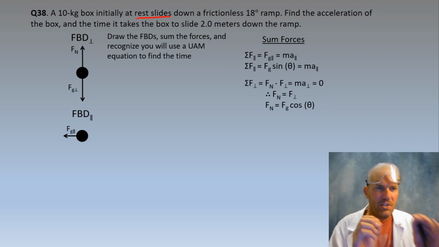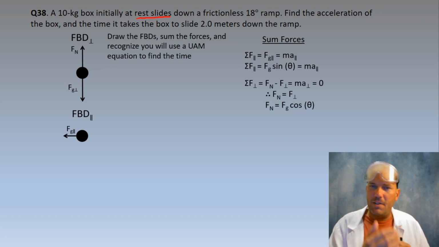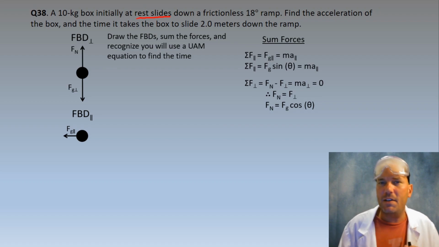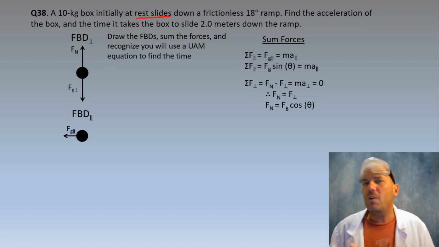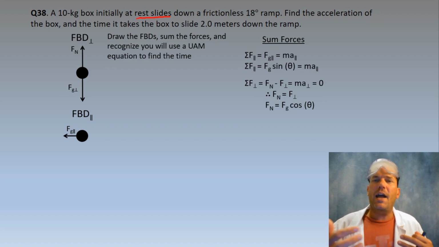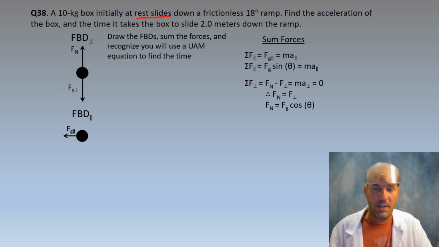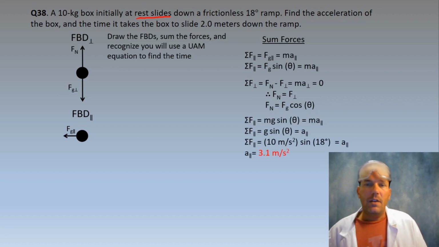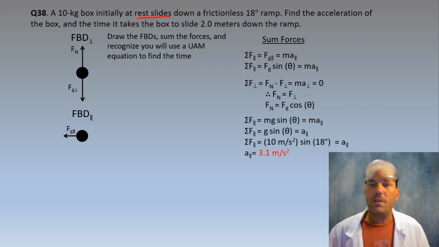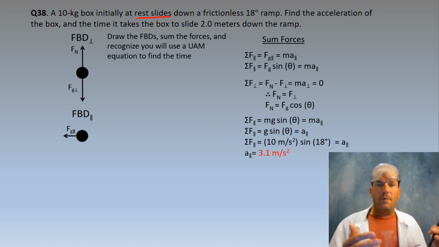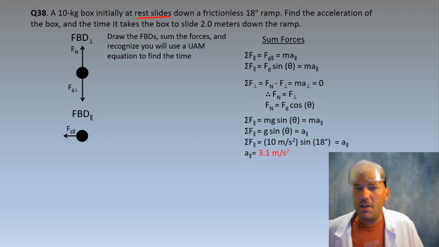If you are just viewing this problem and none of the earlier ones, you might want to rewind and look at that if you don't understand where the sine and cosine theta came from for this object on an incline. Let's continue with the force of gravity in the parallel direction, which we've shown to be equal to mass times acceleration.